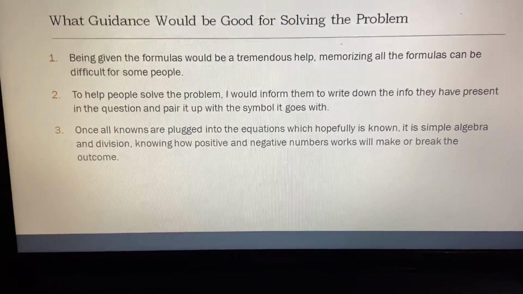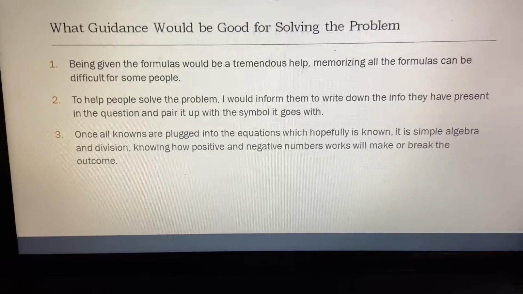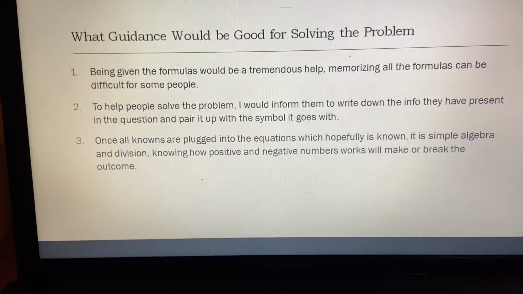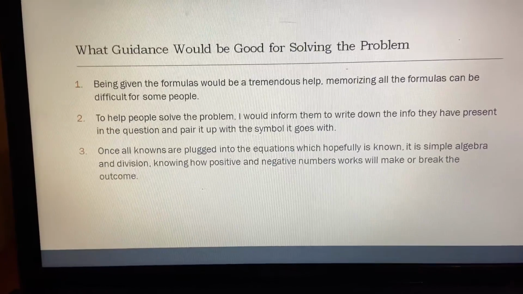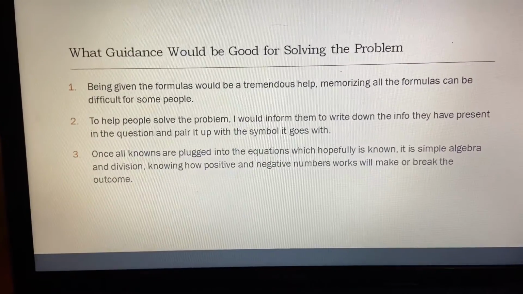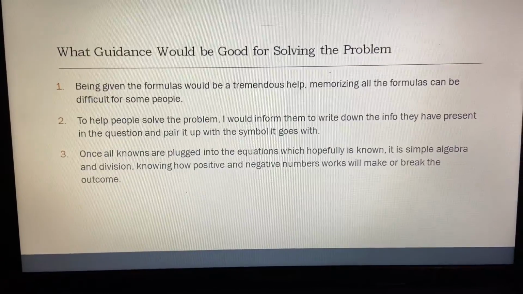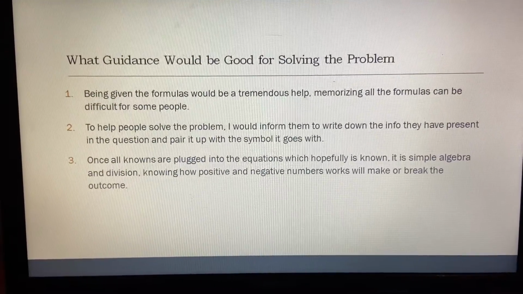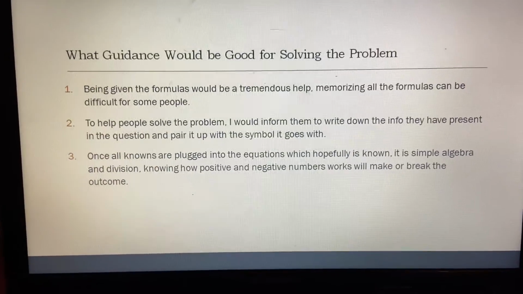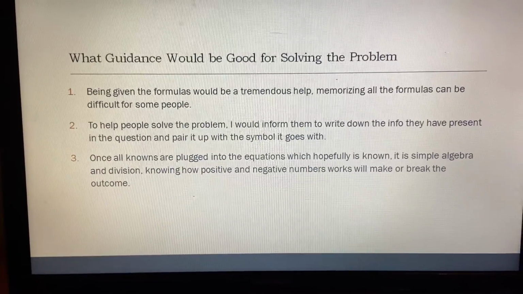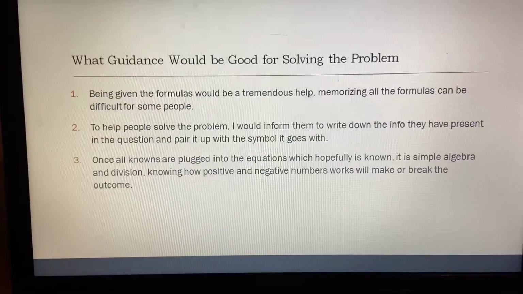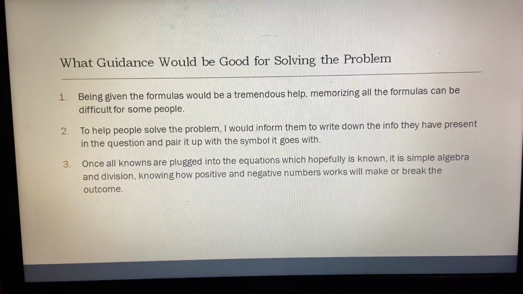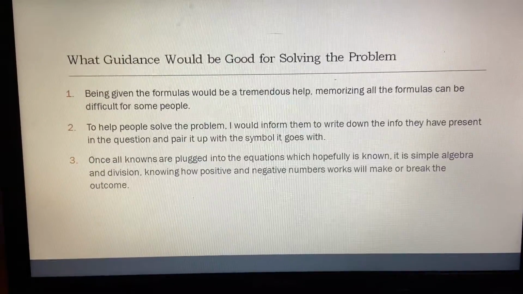But knowing how positive and negative symbols work is going to really affect what you'll be getting in the end. Like before for the angular acceleration, if you weren't very good at knowing how to plug in your positive or negative numbers, then instead of getting negative 29.9 radians per second squared, you'd get positive 29.9 radians per second squared.